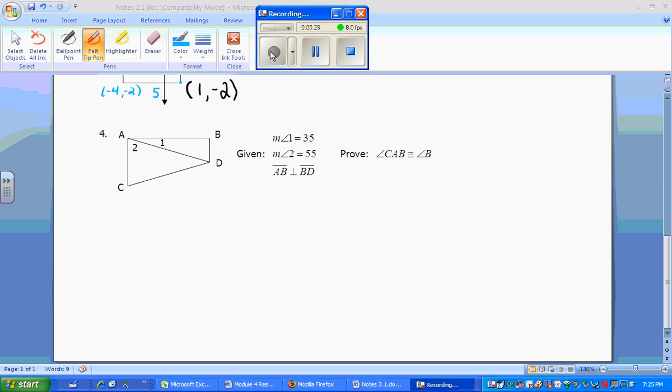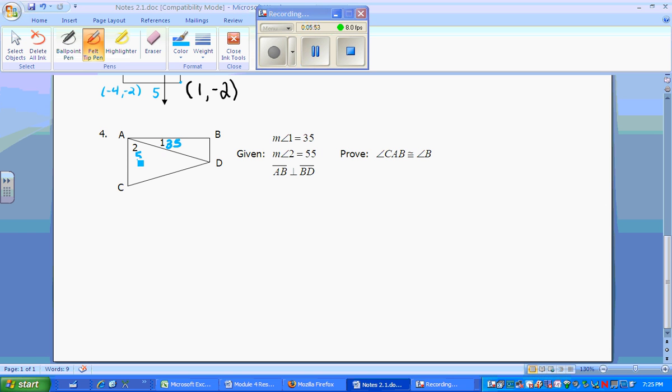Last question has to deal with the proofs that we've been talking about. Let's look at our givens. The given is that the measure of angle 1 is 35, the measure of angle 2 is 55, and AB is perpendicular to BD. Our goal is to prove that angle CAB is congruent to angle B. All right, well, let's mark our picture up. So angle 1 is 35.